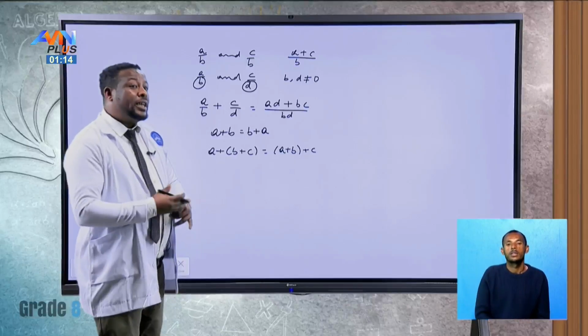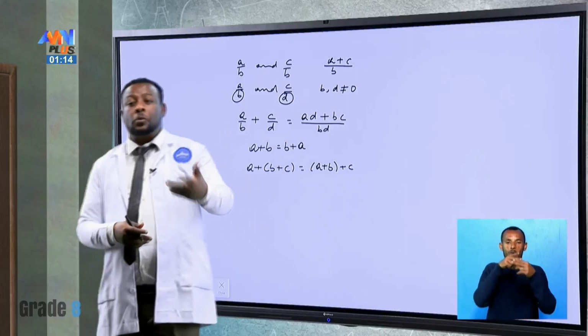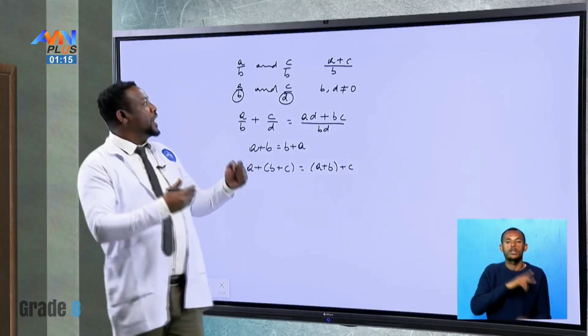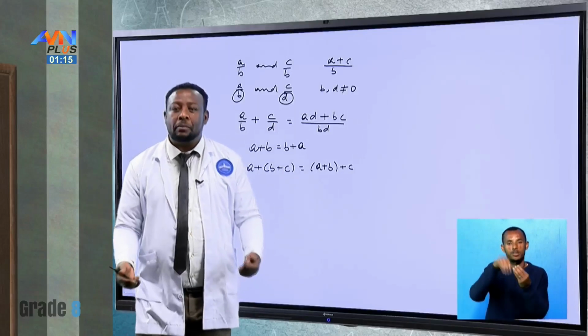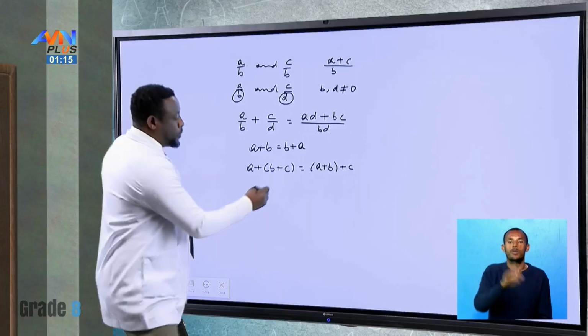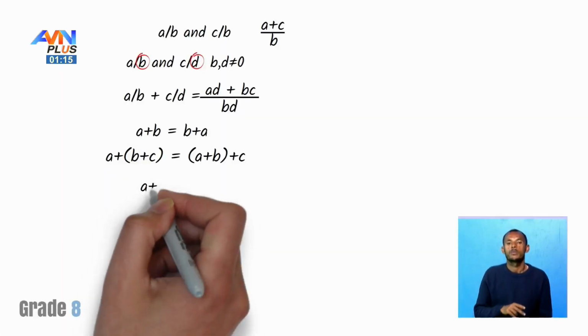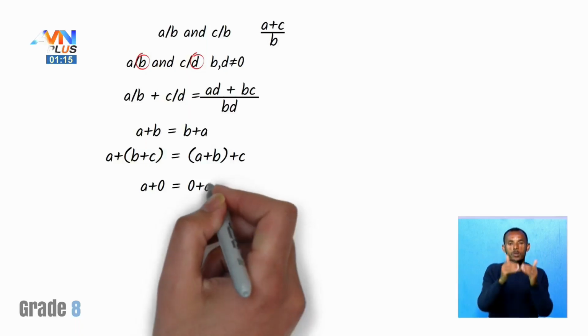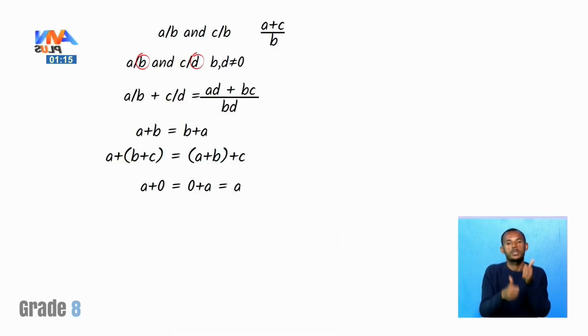Such a property is called associative property. And the fourth property that we have seen in addition of two rational numbers is the zero property. The zero property is a property possessing this condition: a plus 0 is equal to 0 plus a, which is a itself, right?